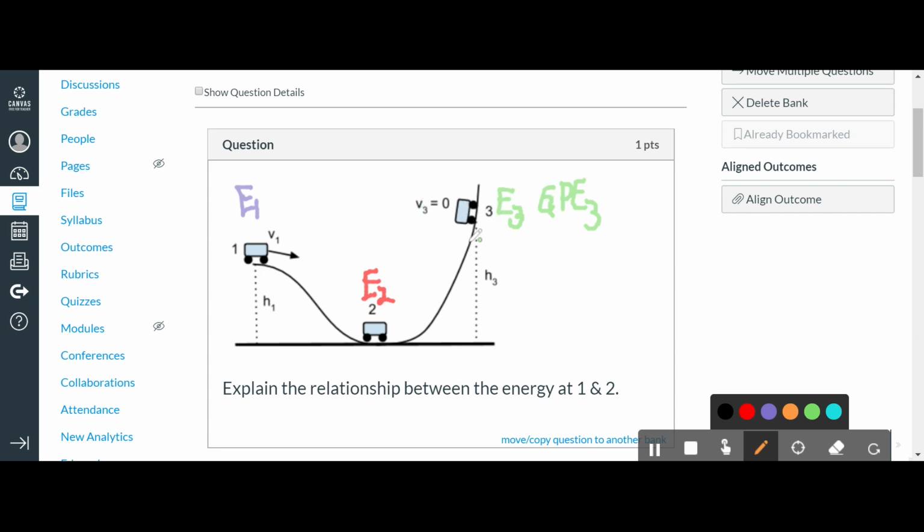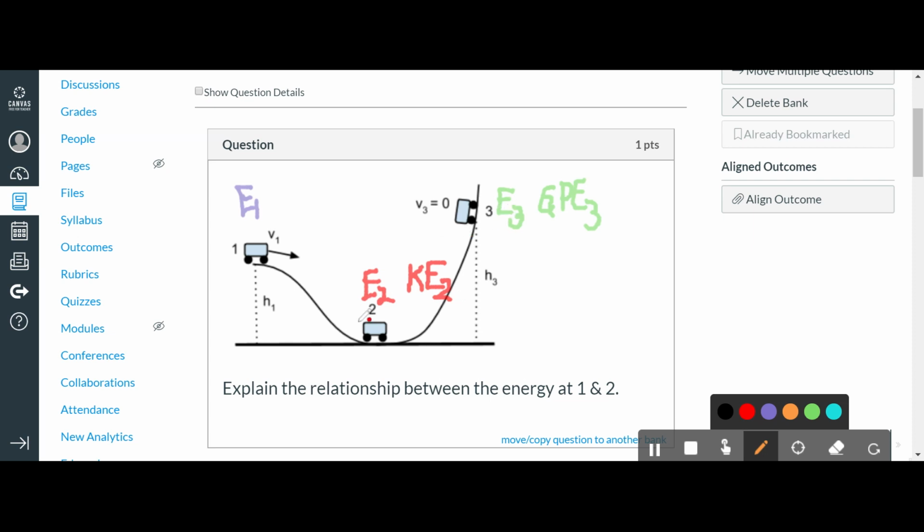Is there kinetic energy? Does this car have kinetic energy? And it turns out that here at point 3, the velocity is 0, so there is no kinetic energy. We already talked about the fact that the energy at 2 is, in fact, all kinetic. So the energy at 2 is just KE2.